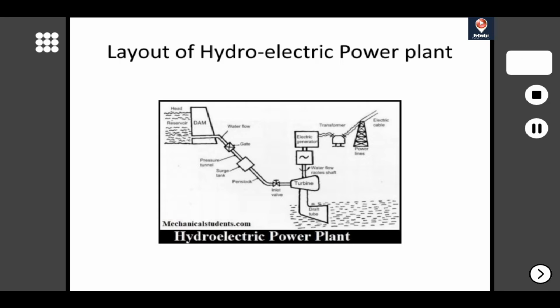Depending upon whether the load is high or low, the pressure in the water can be maintained with the help of the surge tank. It can increase or decrease the pressure flowing through the penstock.